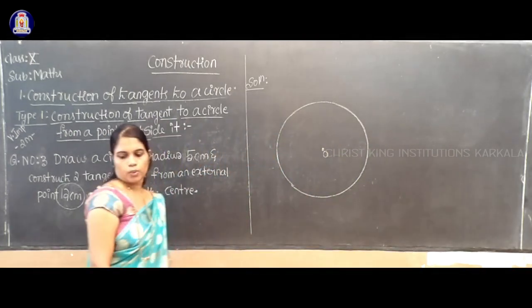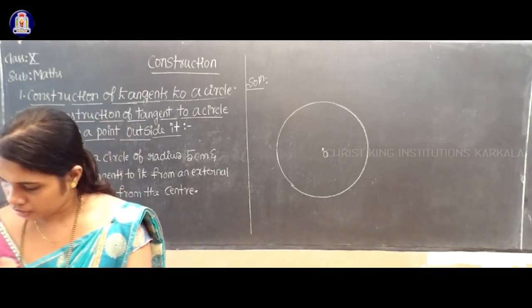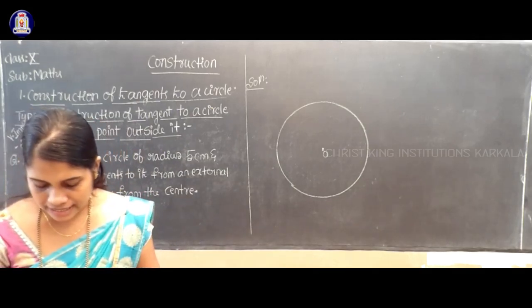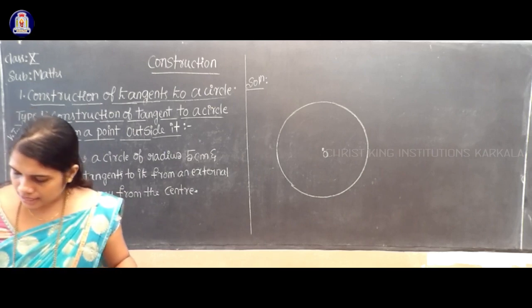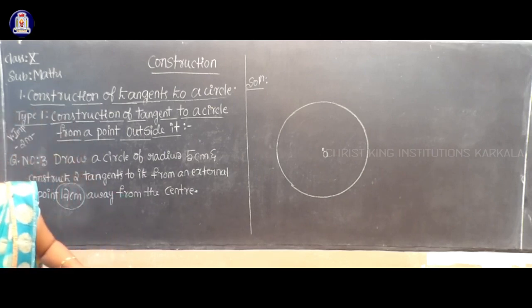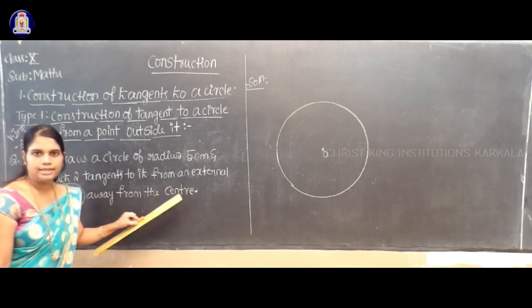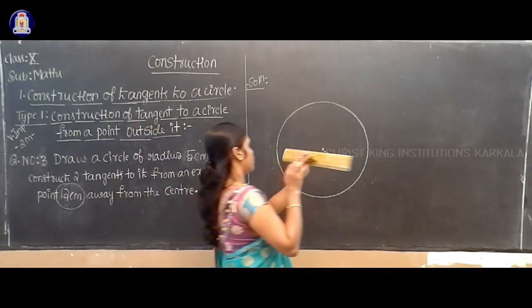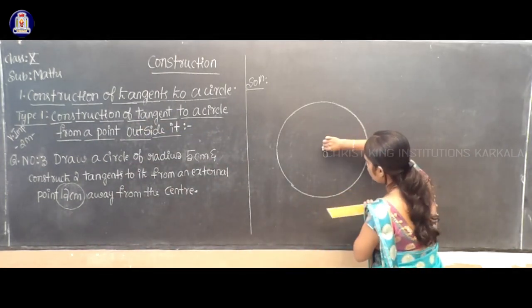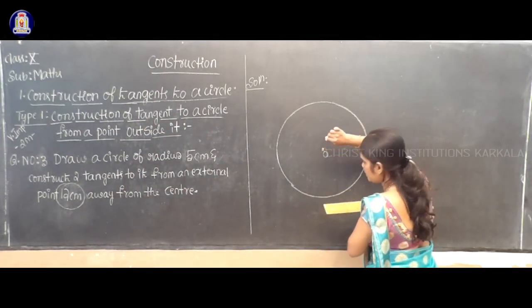Okay. Now you have to consider one external point. That external point must be at what distance? 12 cm away from the center. So I will count from this center.